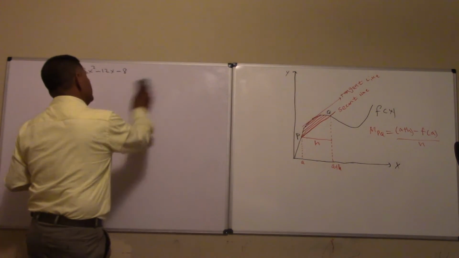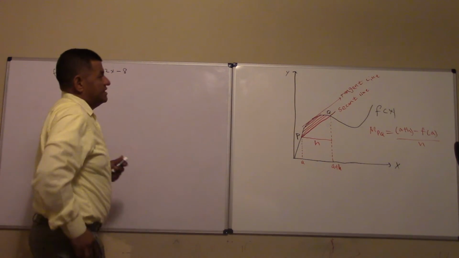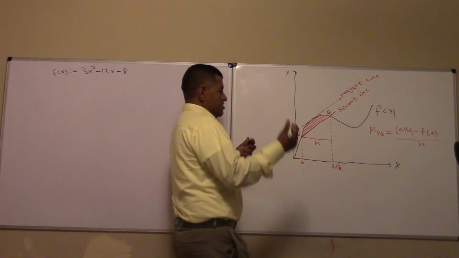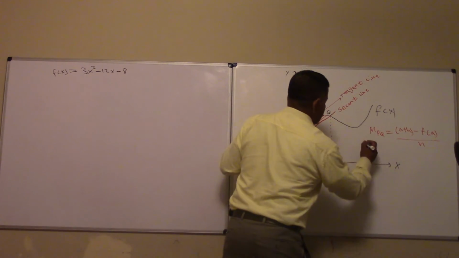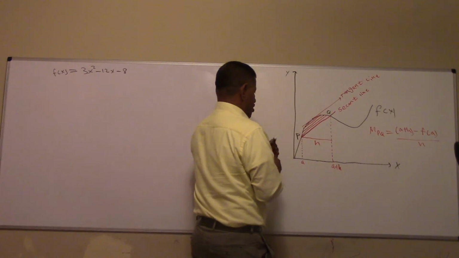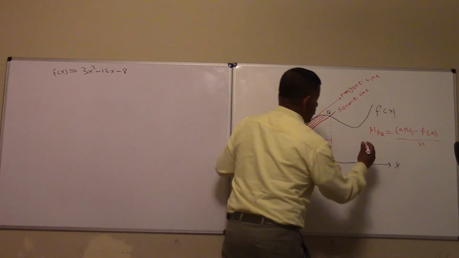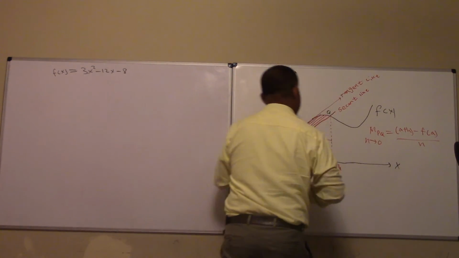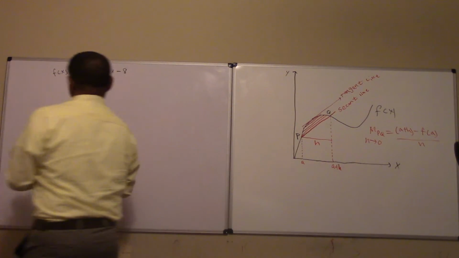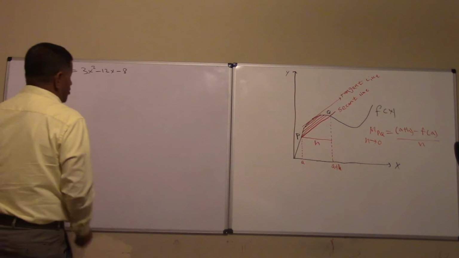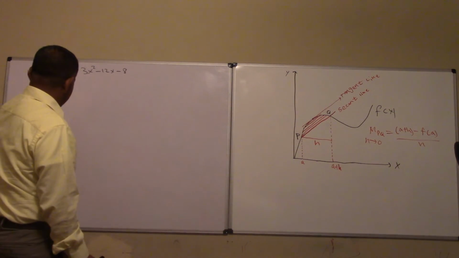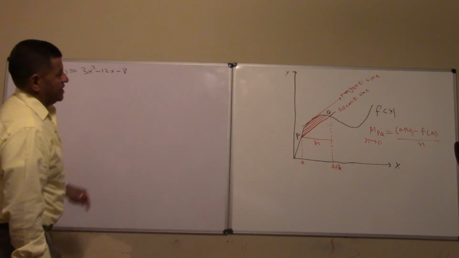Matter of fact, this is called the definition of the derivative, and usually we say that h approaches 0. Okay, so let's use that formula to do this problem.